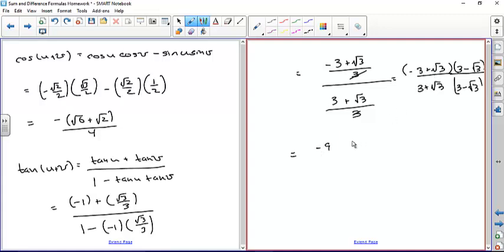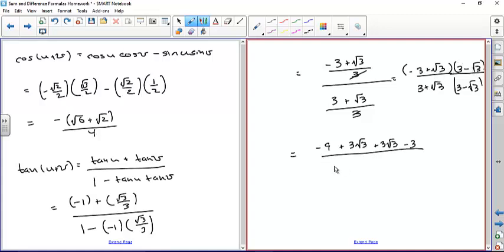Outer is negative 3 times negative the square root of 3, so that's plus 3 times the square root of 3. Plus the inner, I get the same thing, plus 3 times the square root of 3. And then last, I get negative 3, because I have positive the square root of 3 times negative the square root of 3. That gives me negative 3.